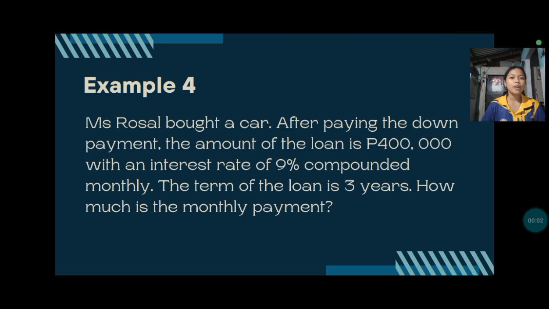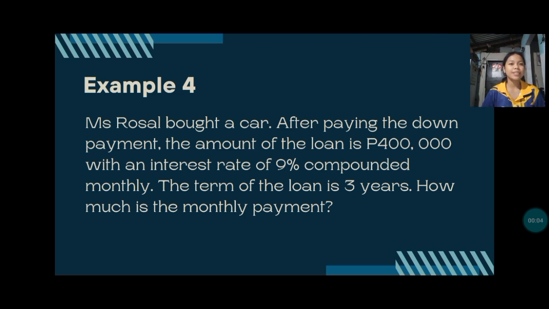So now let's continue with our example 4. Miss Rosal bought a car after paying the down payment. The amount of the loan is 400,000 with an interest rate of 9% compounded monthly. The term of the loan is 3 years. Now, how much is the monthly payment?